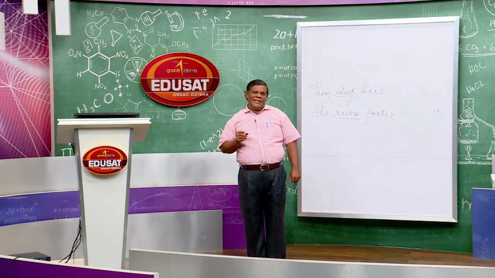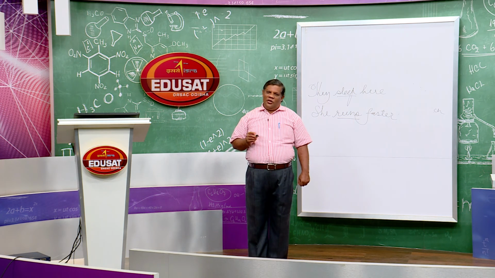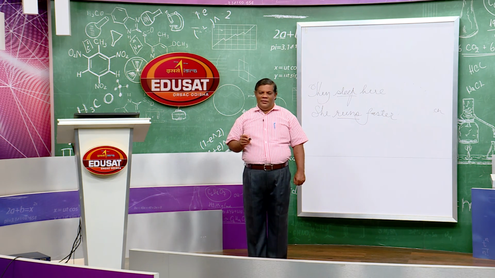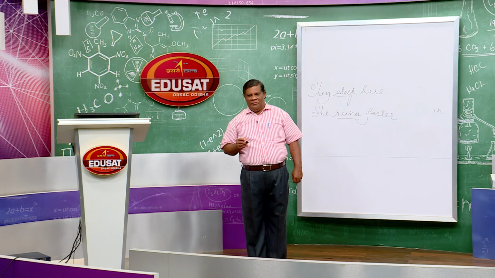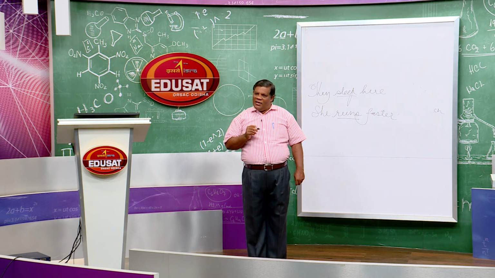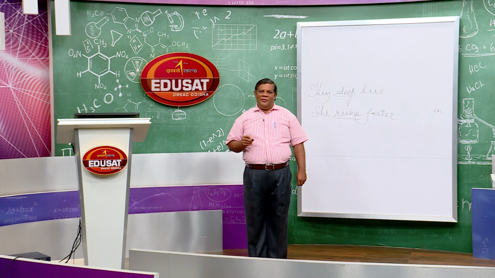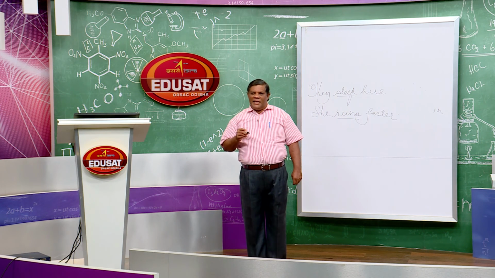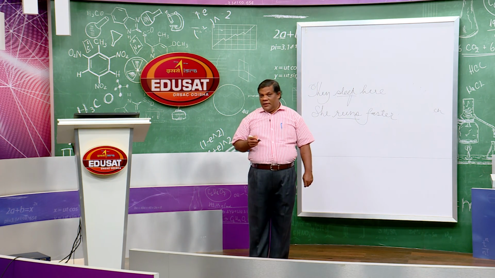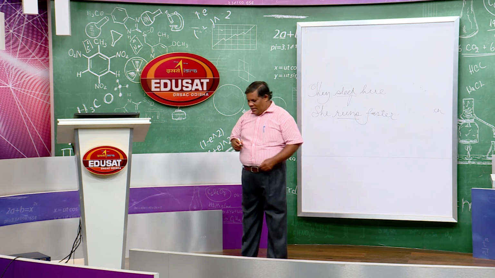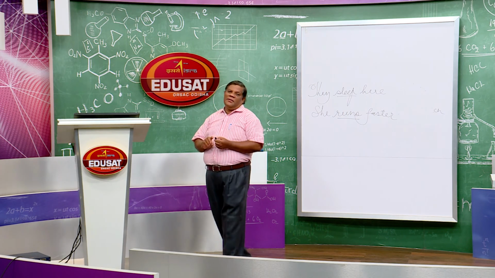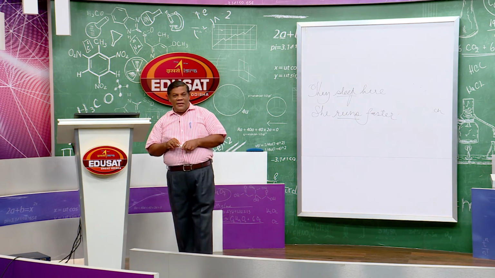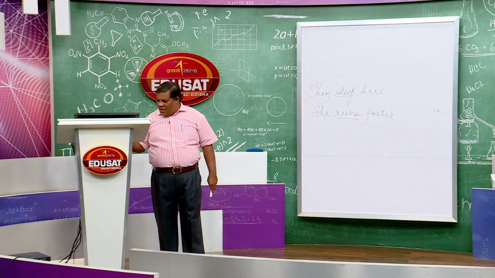When a verb does not carry any object, we call it intransitive. So, we do not need an intransitive verb for making the sentence passive, we need a transitive verb. Transitive verb is very important for making the sentence passive.